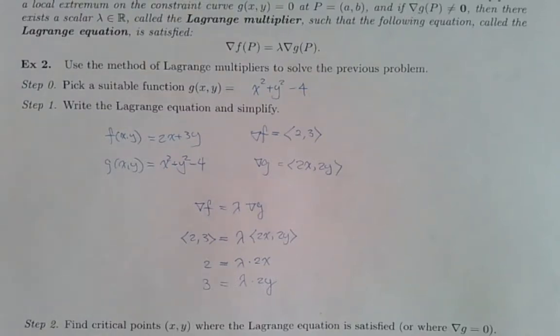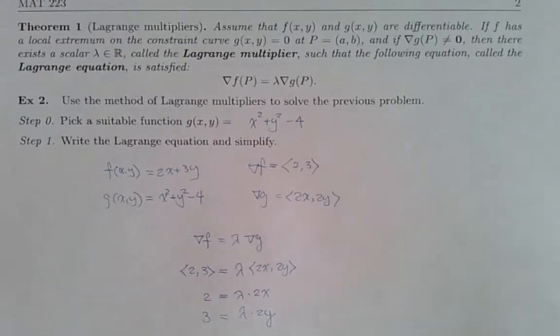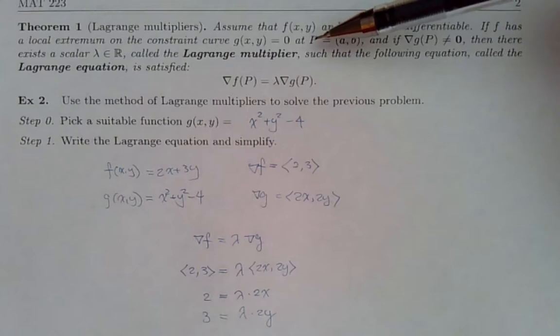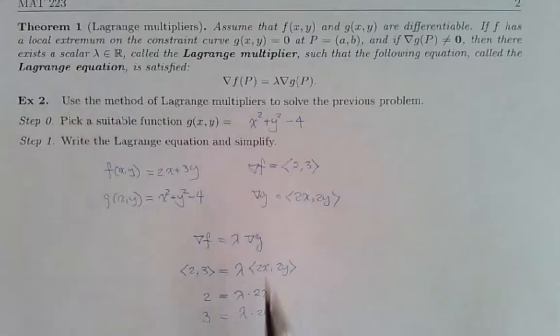What was the point of all this? The theorem said that if we had a local extremum at P, then P satisfies this Lagrange equation. Think about how our critical points were used. We said if we had a local extremum, then it's a critical point that satisfies that the derivative is equal to 0.